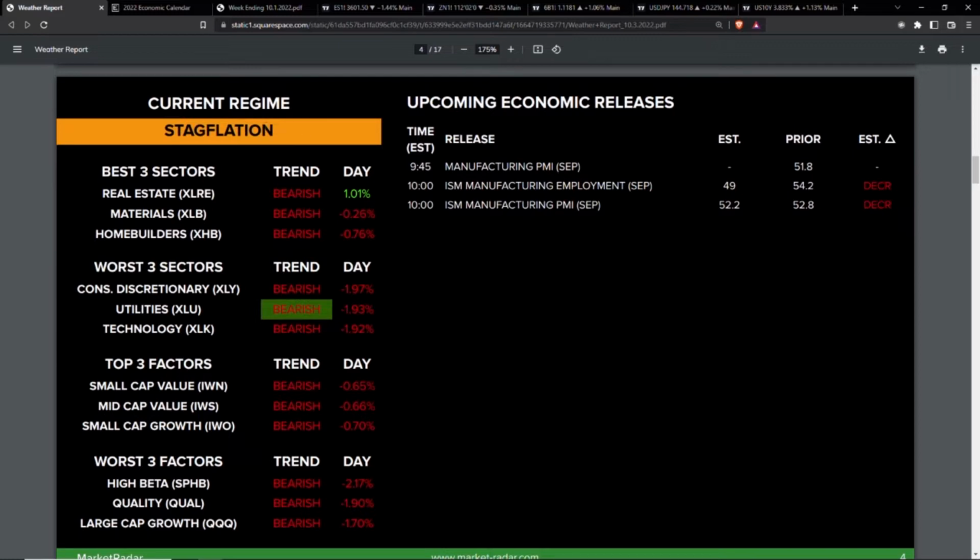As you can notice, for utilities, XLU, the background of the cell is green. What that indicates is the DDAP trend was bullish within the last 5 days and switched to bearish. That helps to understand when trends shift, because that's a pretty big deal, so we want to highlight it so it's really easy to see when something has changed.